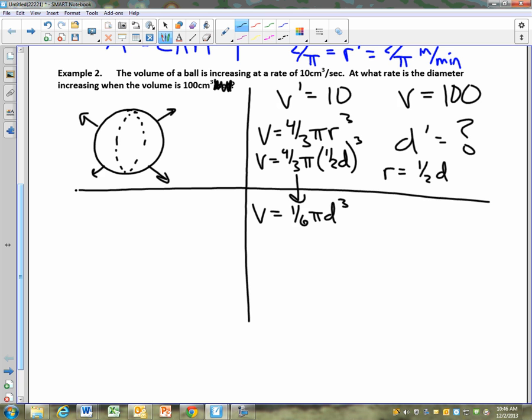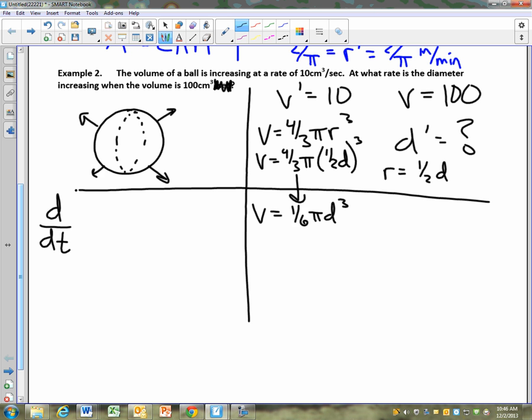Now, when we solve for it, we're going to get a d prime, correct? So let's take the derivative with respect to what? What's the underlying thing here that's changing? Time. They're all changing with respect to time, which is what makes these problems tick. Okay.